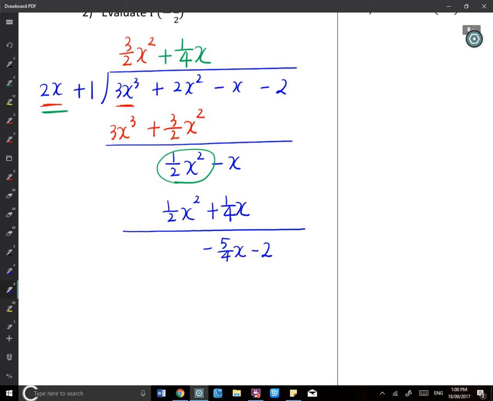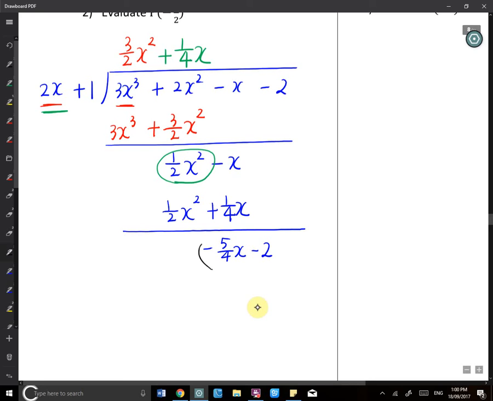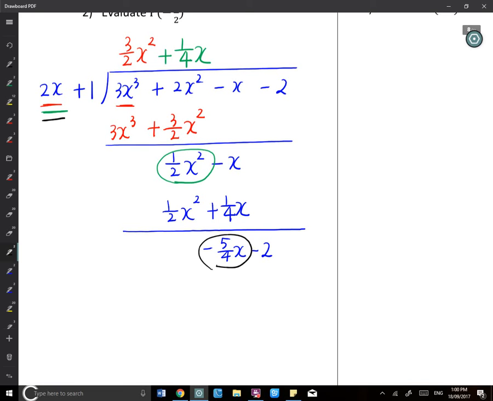What we will do is use this term and divide by 2x. What's minus 5/4 x divided by 2x? Minus 5/8. Good.